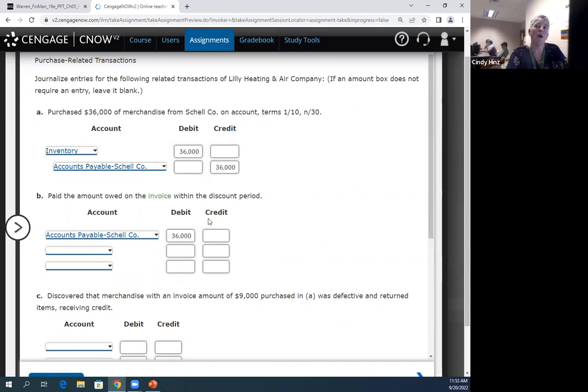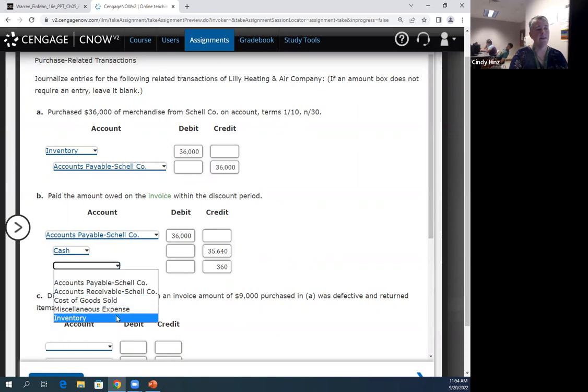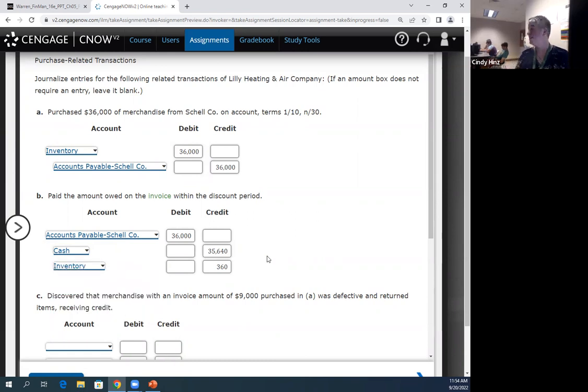We need to wipe out the entire accounts payable. But the cash we are going to spend isn't the full $36,000. It's only $35,640 because we're taking that $360 discount. And what that means is the inventory that we have actually cost us a little bit less. And so I'm going to remove that from the inventory account.